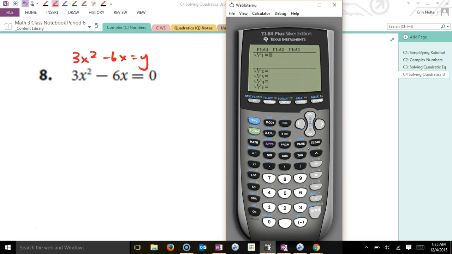That's what my y is equal to. So 3x. X is right by the green button. See where it has X? Yep. And then squared. Everybody find the squared button. Minus. Click alpha and then X. Yep, it does still work.